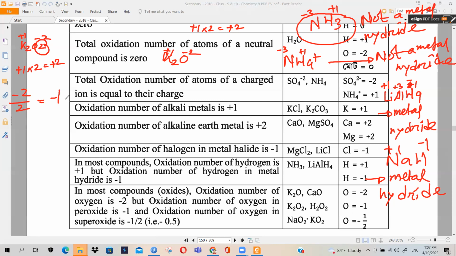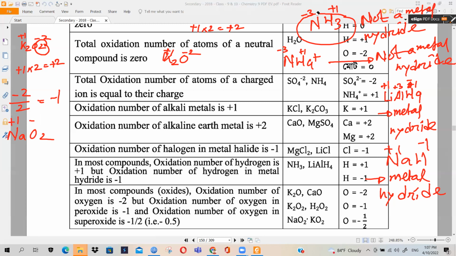Oxidation number. So that is how we understand that in case of peroxides, the oxygen's oxidation number will be minus 1. And in case of superoxides, like say sodium superoxide, this is plus 1, and this is minus 1 rather.